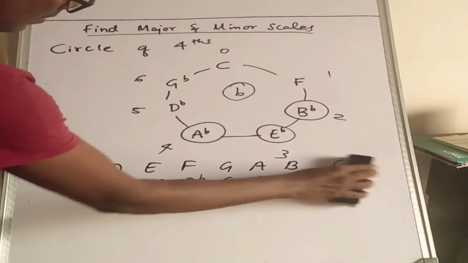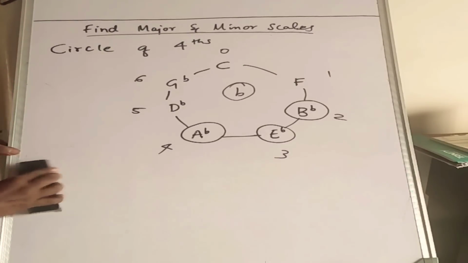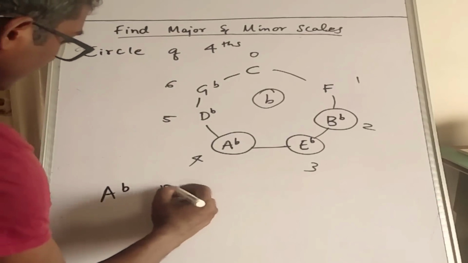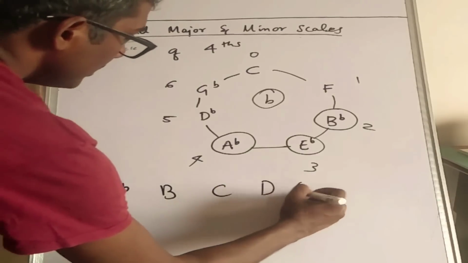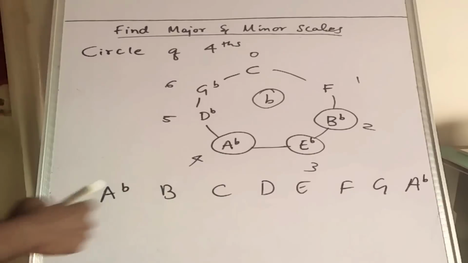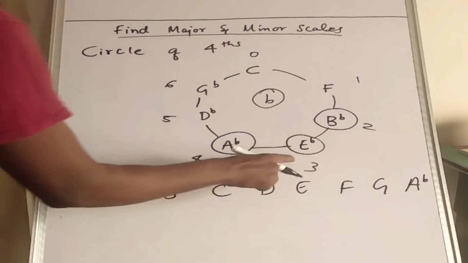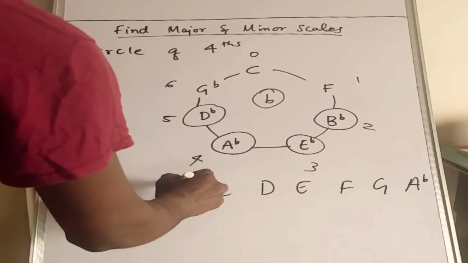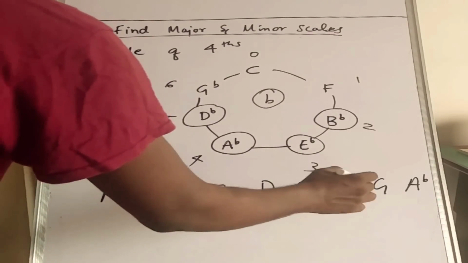Okay, let's go on to the next flat, that is A flat. Write the notes as it is. Now let's find what's the flat there. Go to the next note, that is D flat, and write all the other flats.